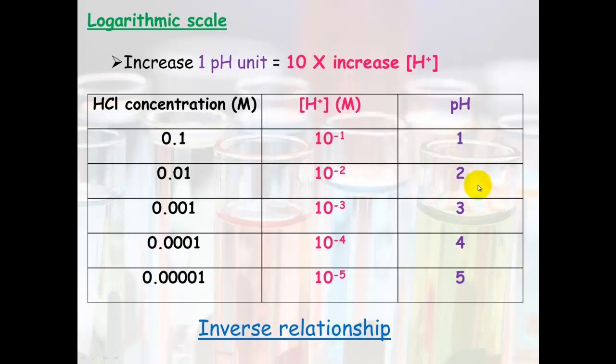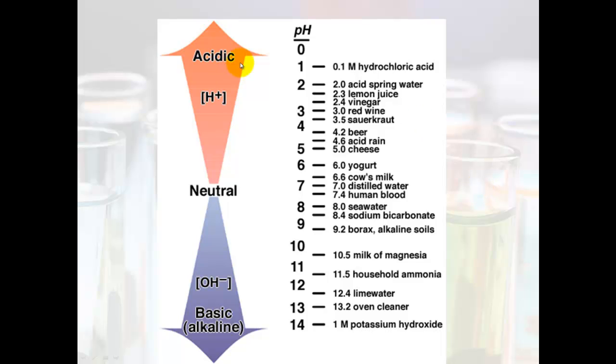And that makes sense because the higher concentration acids have a lower pH. And you can see here, the more acidic an acid is, the lower the pH will be. And just to note at this point, pH can actually be negative, so it can go down to 0 or below 0. And of course, bases are anything from 7 and above.